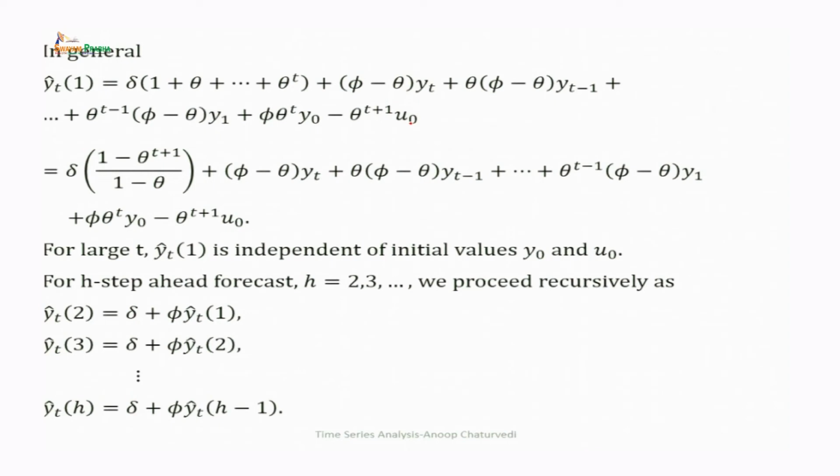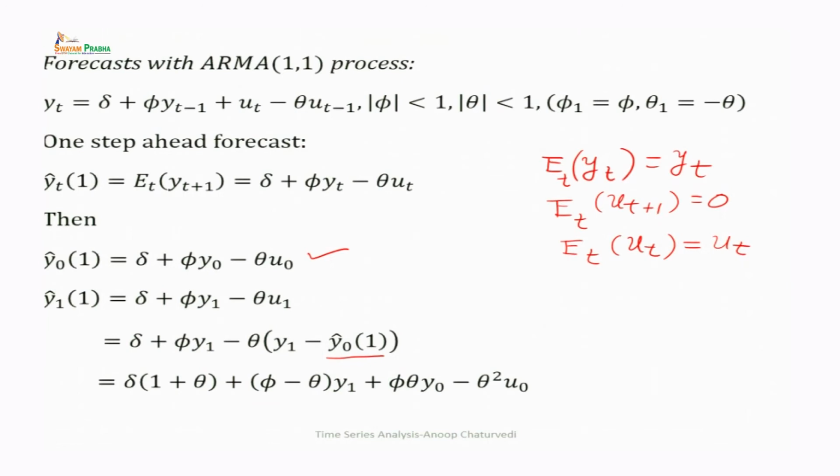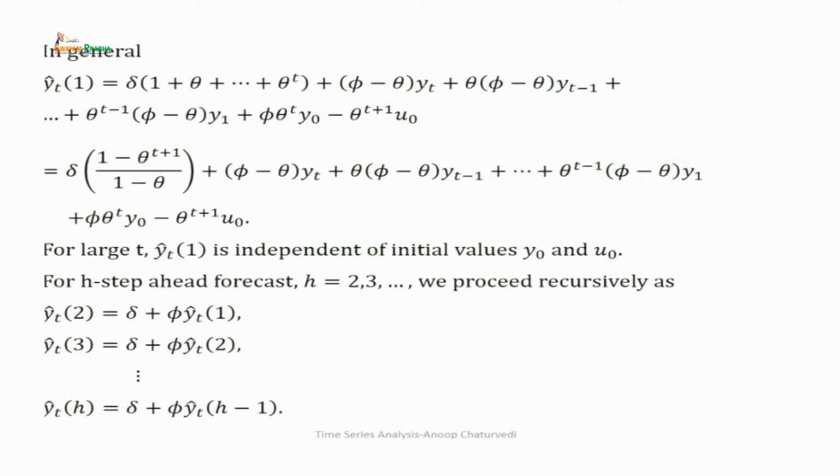You just keep on substituting the values recursively, meaning you obtain y hat_1(1) from here, then y hat_2(1), then y hat_3(1), and so on. So, by recursive substitution you ultimately reach here, and then this is a geometric series.